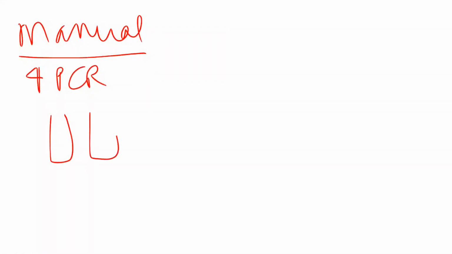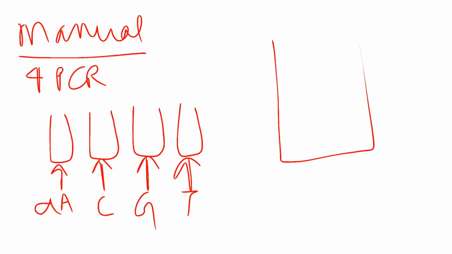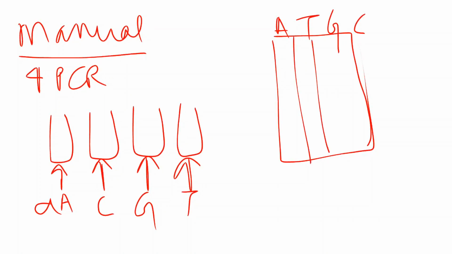You have 4 tubes and you add a single ddNTP in each, like ddATP here and then C, then G and then T. You then run them in 4 separate lanes, A, T, G and C, separate lanes in electrophoresis.